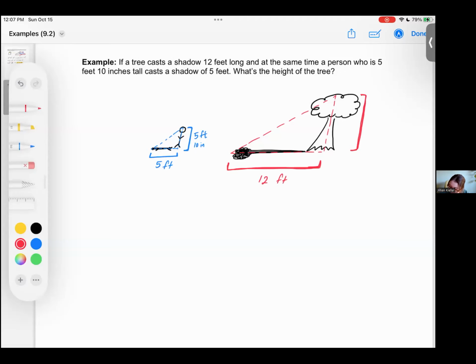We don't know what this is. So height, we don't know, and this is what we're trying to find. And if we notice, in both of our scenarios, and this is how they're drawn, they're creating right angle triangles here. They have the little boxes. These are both creating right angle triangles.